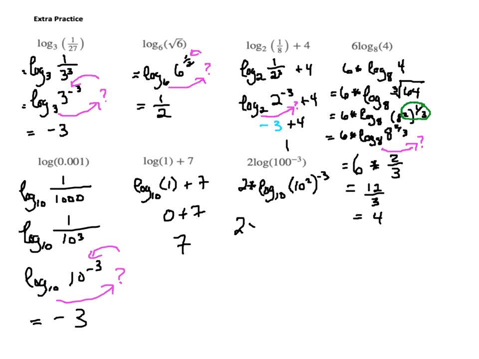I'm raising a power to another power, so I multiply those exponents. This is 10 to the negative 6th power. So now the question is, what can I raise 10 to, to raise 10 to the negative 6th power? That is negative 6. 2 times negative 6 is negative 12.